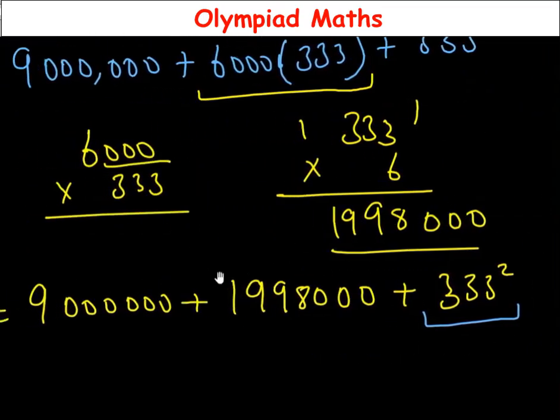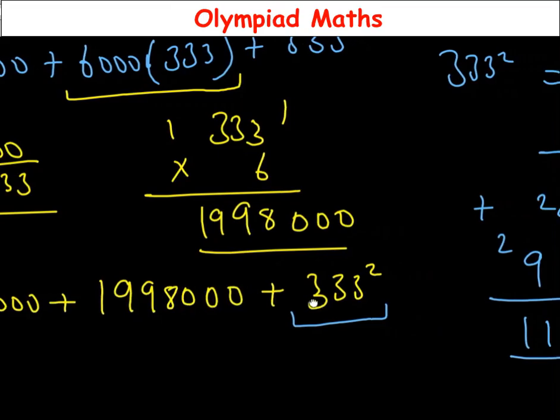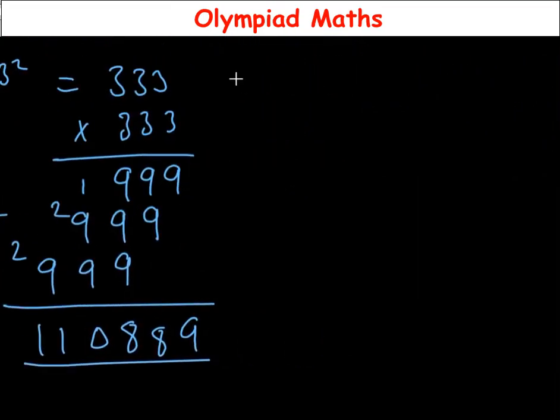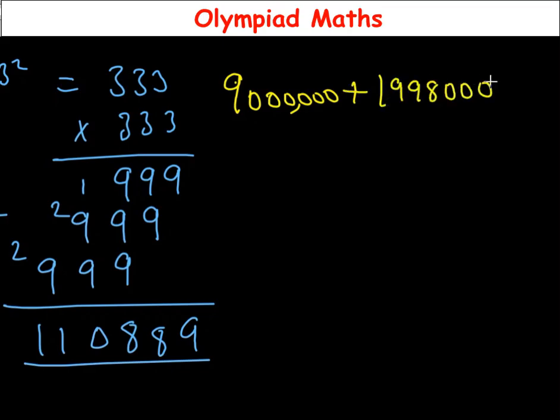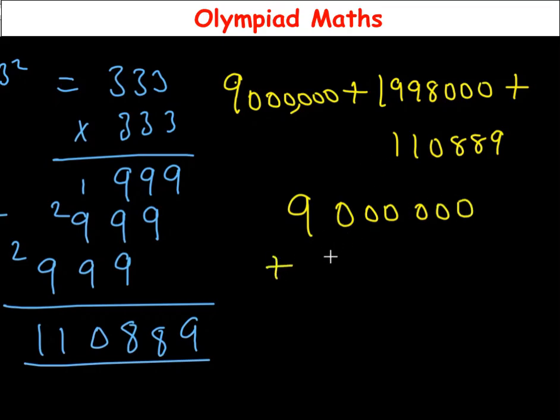That is not all. Don't forget that the next thing is to add up 9 million plus 1998000 plus the answer that we got from 333 all squared. So we have 9 million, then plus 1998000, then plus 110889.